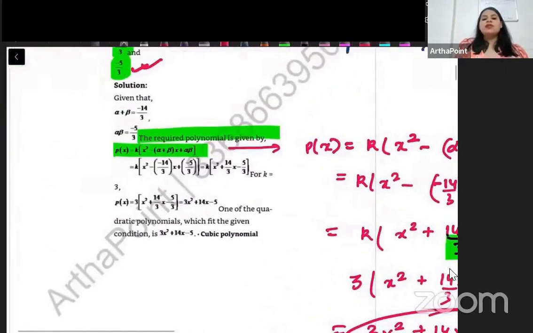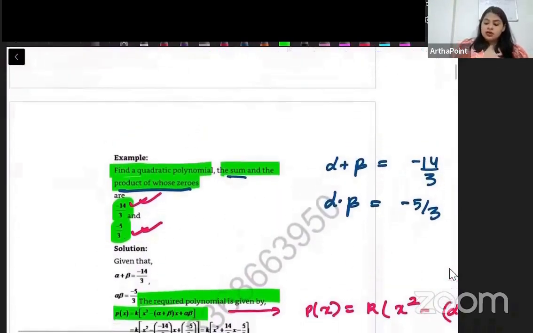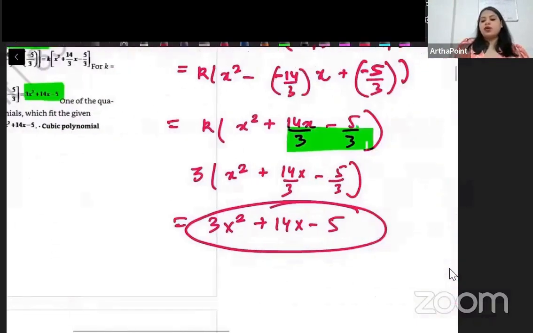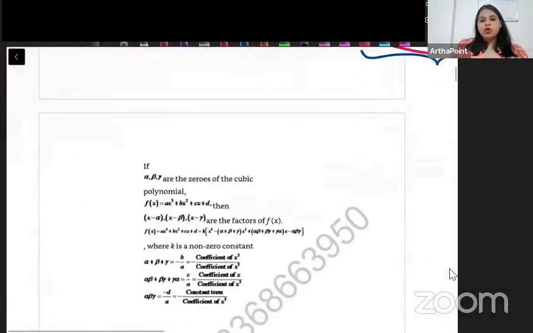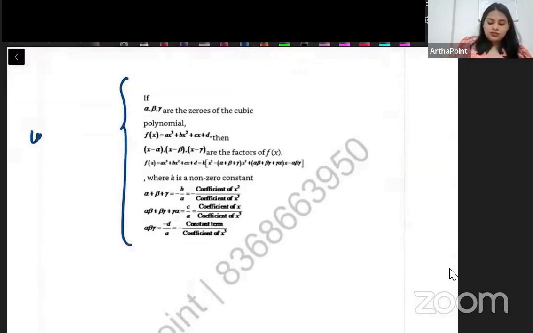So this will be my required polynomial. From what is given in the question, they have given me the sum and the product, and I have been able to get the required polynomial. Okay. So now is the rule for cubic polynomials.